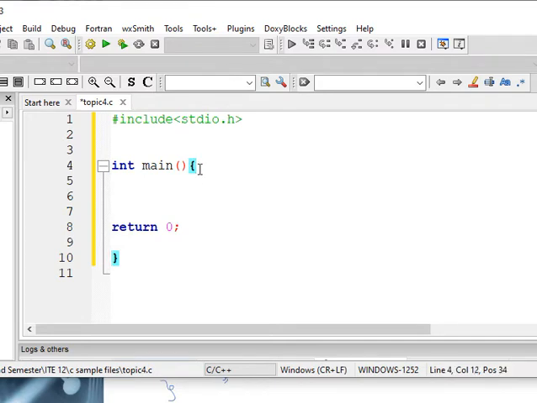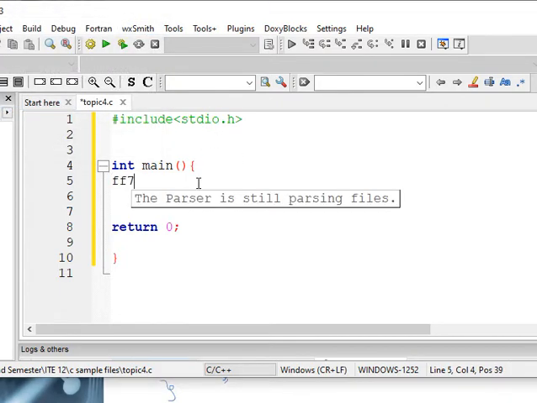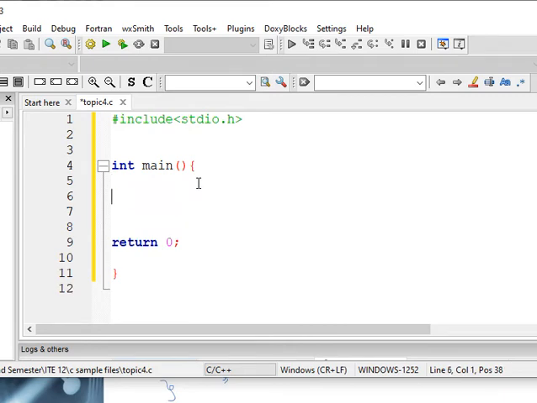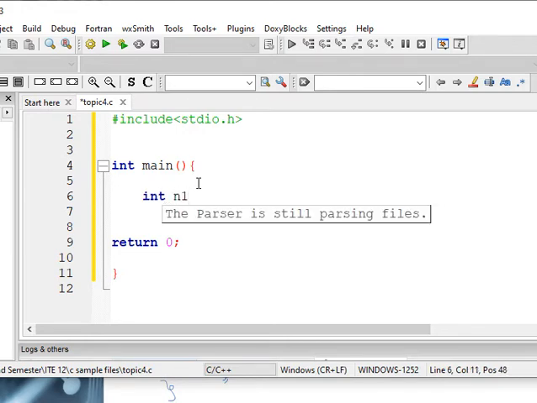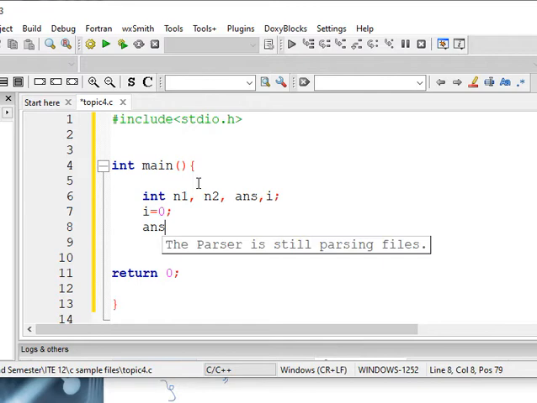Okay. So, here we have the int. Sa ganito nga mga variable itong gamit si n1, si n2, si ans, then si I. And then, I is atong initialize into 0. Tapos si ans is we initialize to n1.